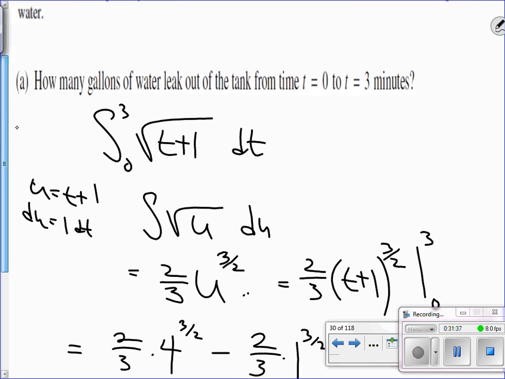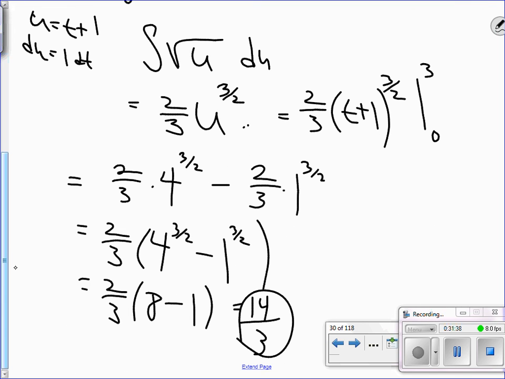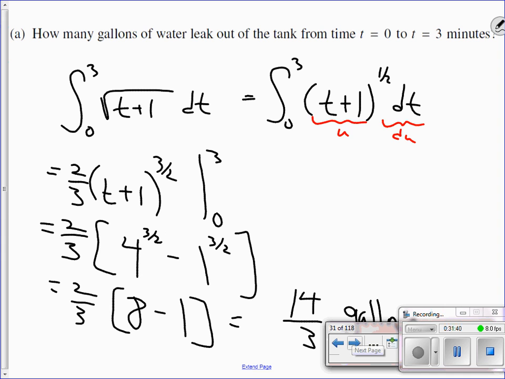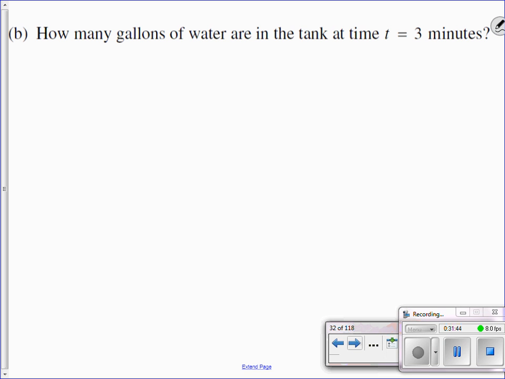Oh, gallons. They didn't indicate units, so we wouldn't be in trouble if we didn't write it. How many gallons are in the tank at t equals 3? Well, let's call it W of 0, whatever. How many gallons did we start with?